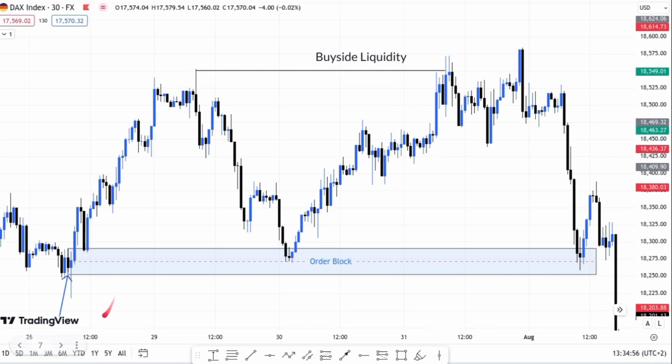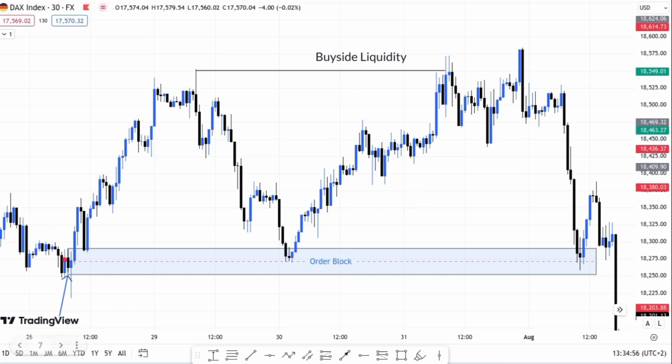You must take the last bearish candlestick before the move up, and when you're doing the bearish order block, you'll take your last up close candle before the move down. This is our last down close candle before the move up. Our last up close candle we'll take when we're doing the bearish order block before the move down, right?